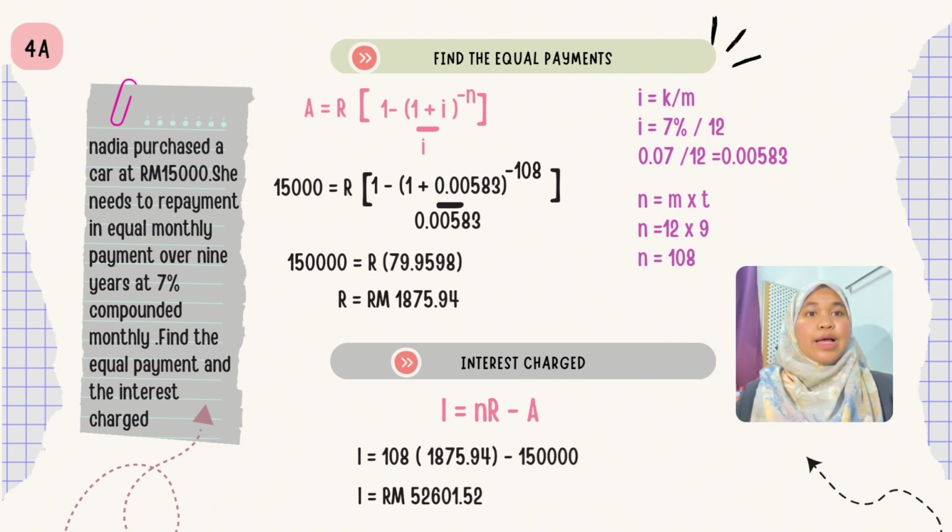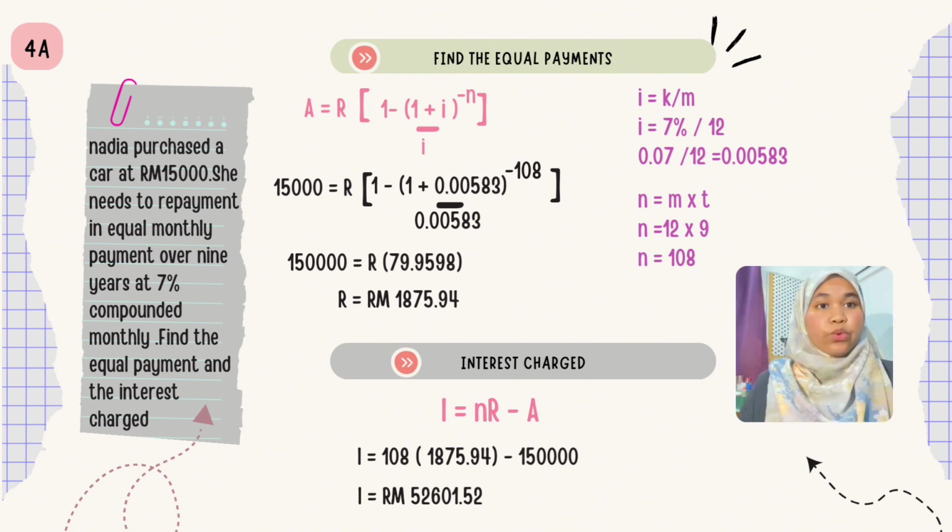15,000 equal R bracket 79.9598 bracket. R is Rm 1875.94. We identify the interest charge.